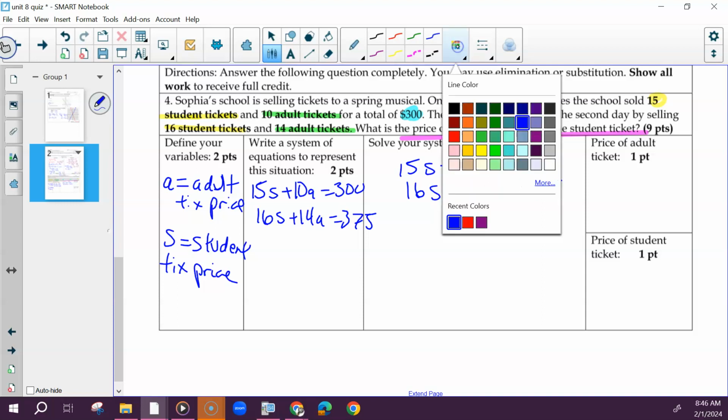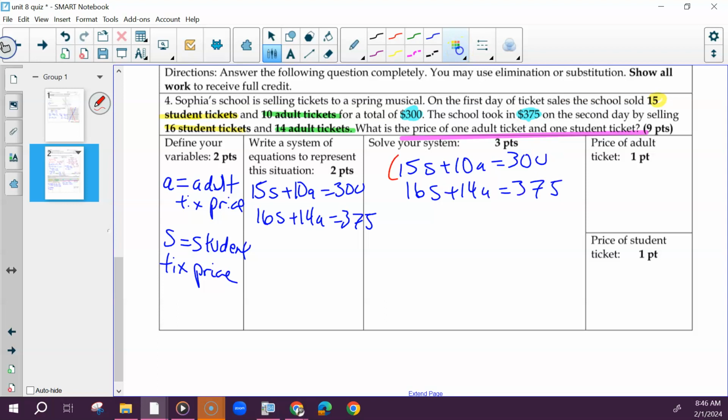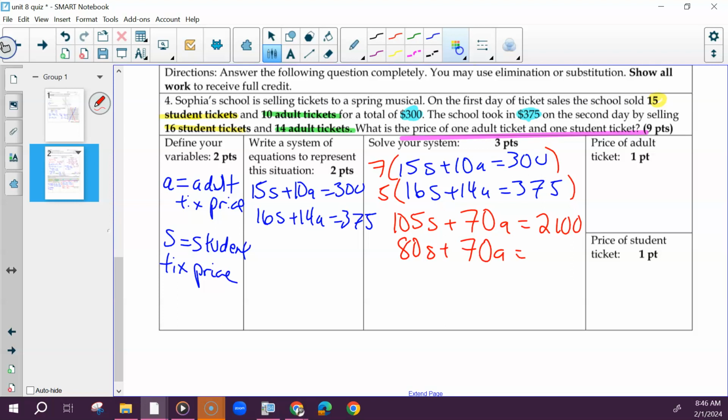So if we multiply this by 7 and this by 5, we would get 105s plus 70a equals 2100. And 80s plus 70a equals 1875.